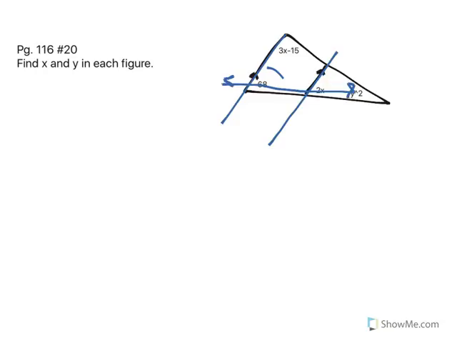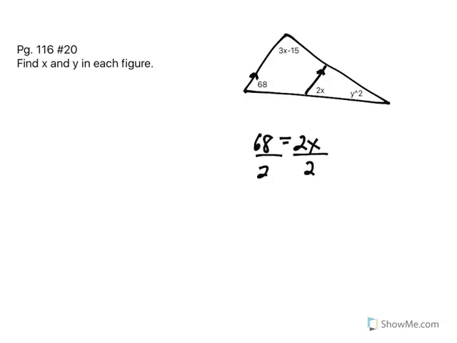So we can set them equal to one another in order to solve for x. So we have 68 equals 2x. We divide by 2, we get 34 equals x. We also need to find y.